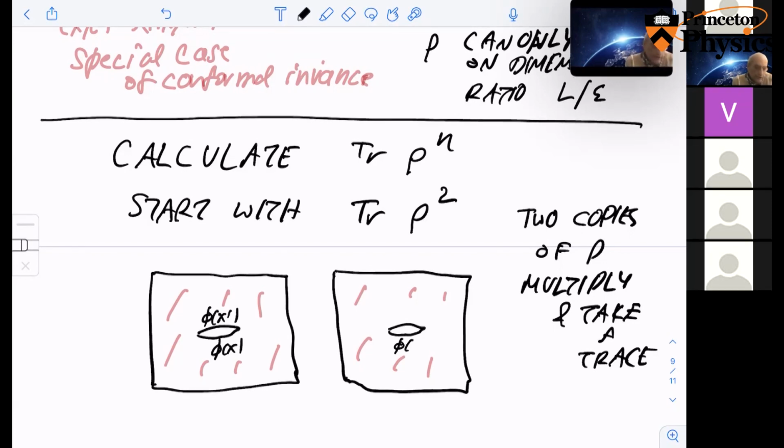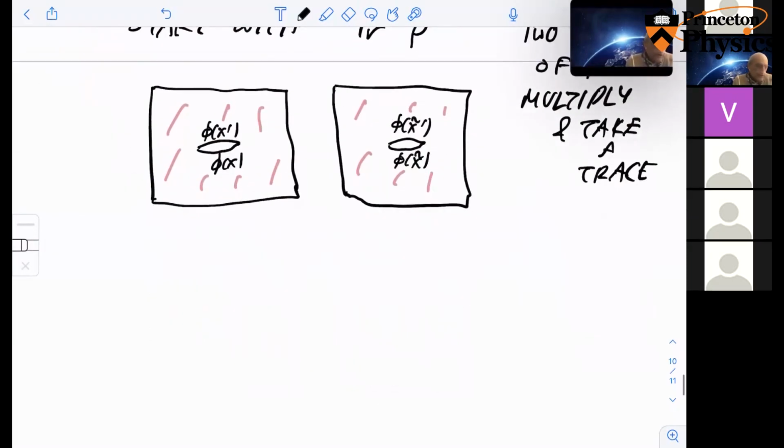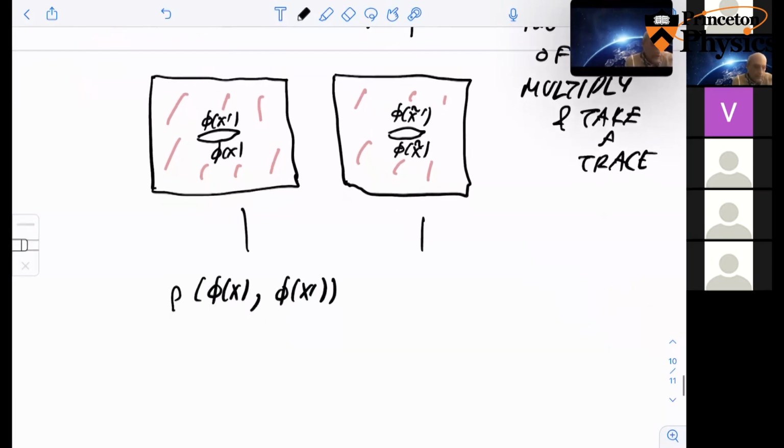But for a second one, we'll call them phi tilde(x) and phi tilde(x'). So now the path integral gives us rho of phi(x'). That's this one. And the other one gives us rho of phi tilde(x').